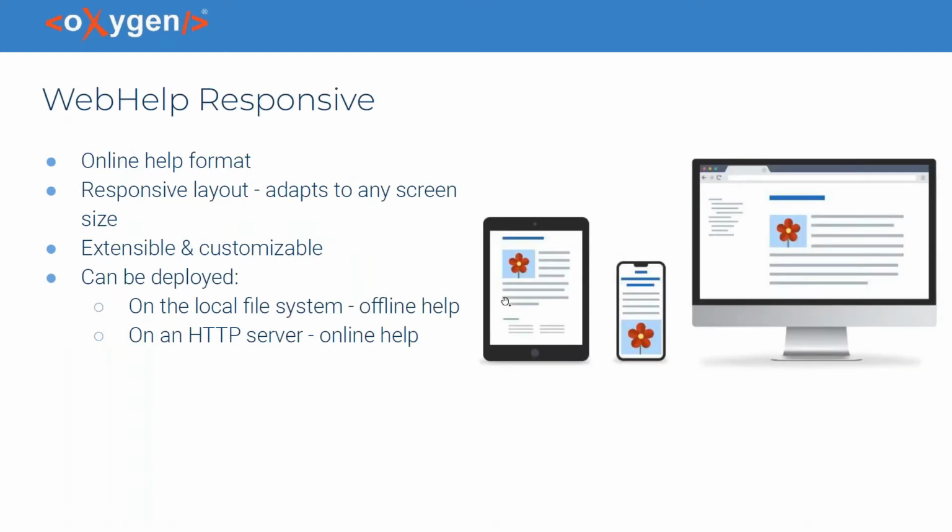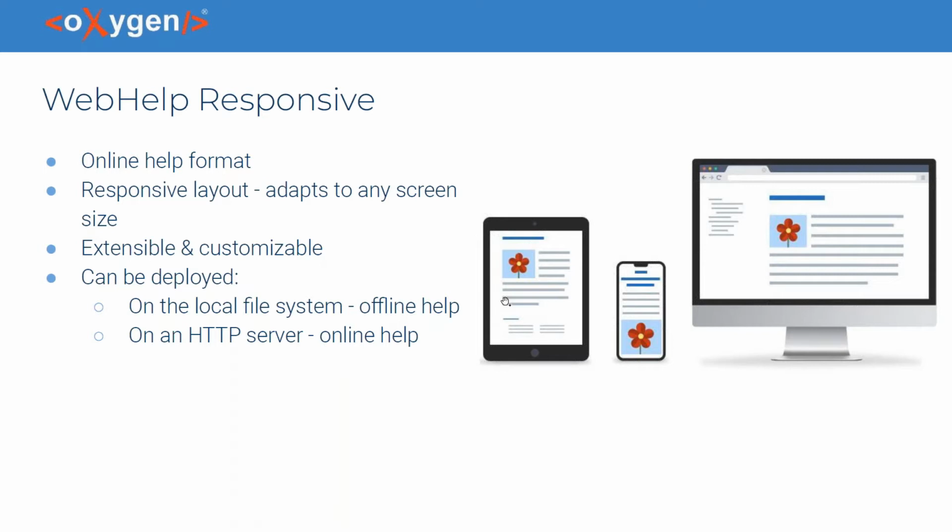First of all, let me say a few words about the WebHelp responsive output. It is one of the Oxygen's featured output formats. It can be obtained by transforming data resources using Oxygen Publishing Engine. Oxygen Publishing Engine is available both as the standalone product and as an integrating part of Oxygen XML editor and Oxygen XML author.